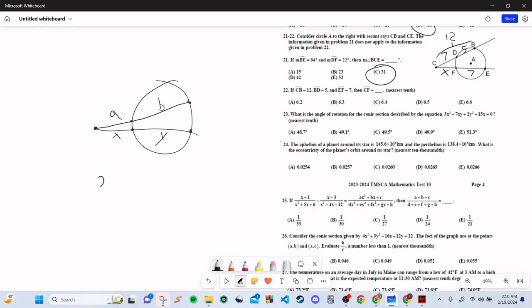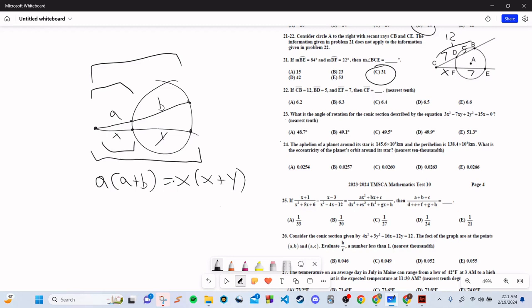The formula goes, if you have A times A plus B, that will be equal to X times X plus Y. So you could think of it as the length of the outside segment times the whole is equal to the length of the outside segment times the whole. So applying it to this problem, we get 7 times 7 plus 5 equals X times X plus 7.